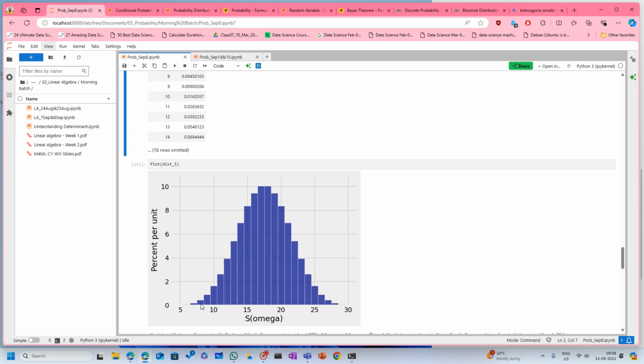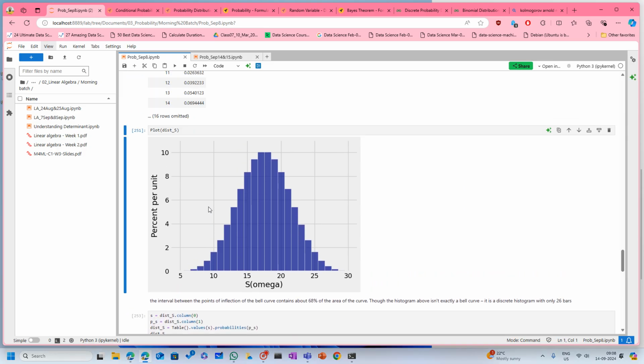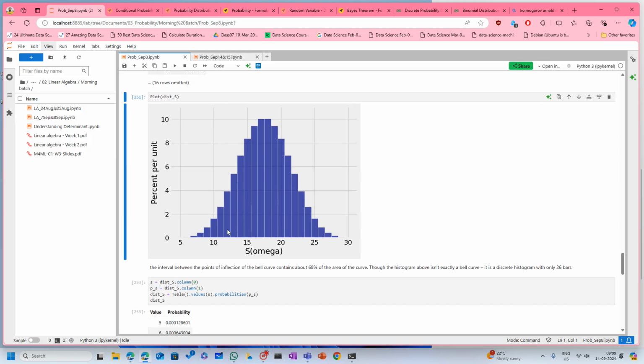There are two different types of distributions, mainly on a brief level: discrete distributions and continuous distributions, that we will look at now. For the same plot that we have plotted for the sums, notice how you are getting these bars. If you get these bars, then you have to understand this is a discrete variable.